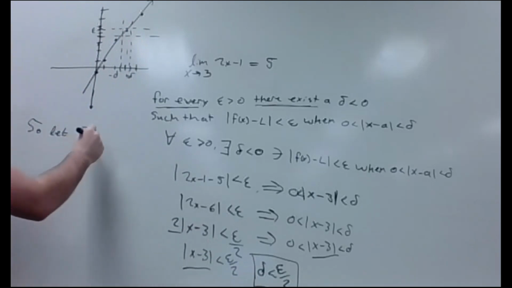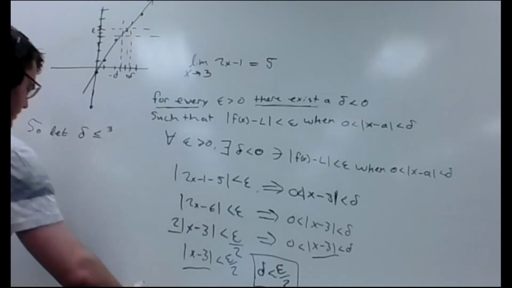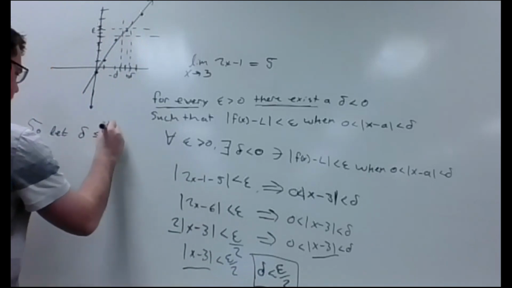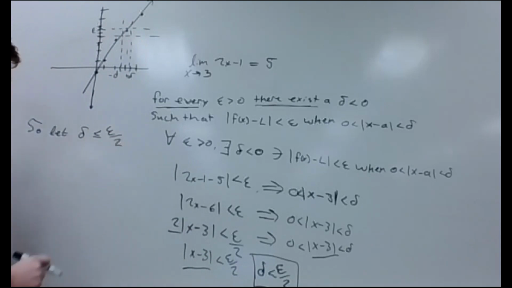And now we're going to say, so let our delta equal, that's a 3, not epsilon, epsilon over 2.